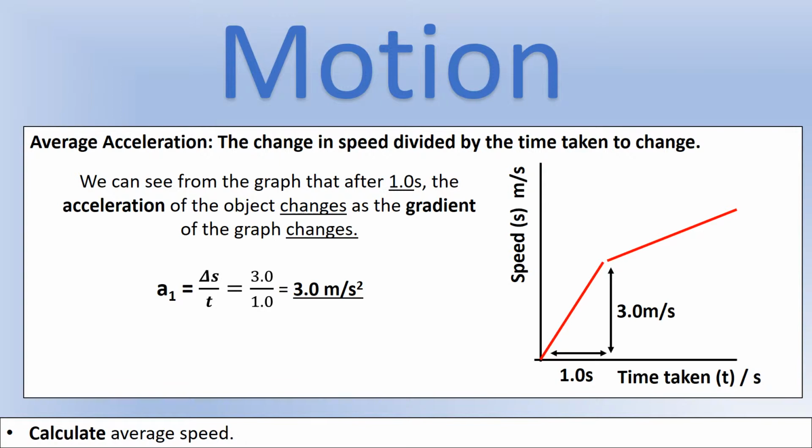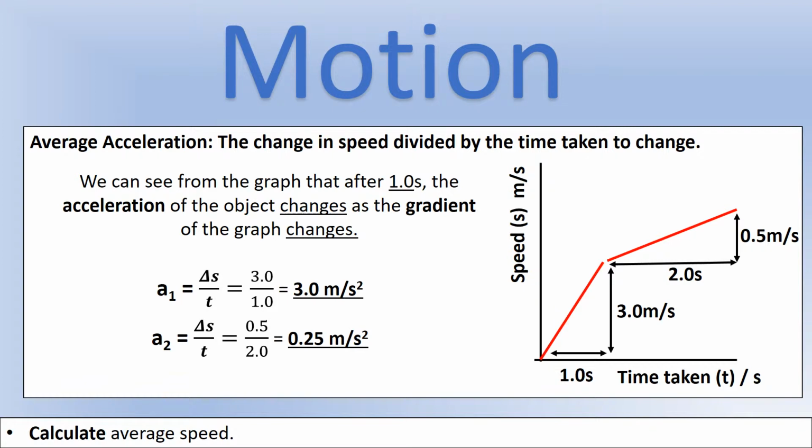The change in time is 1 second. So that gives us an acceleration of 3 meters per second squared. In the second section, the change in speed is half a meter per second. The time it takes is 2 seconds. So the acceleration during that phase is 0.25 meters per second squared. So those are the two different accelerations we can see on this graph.